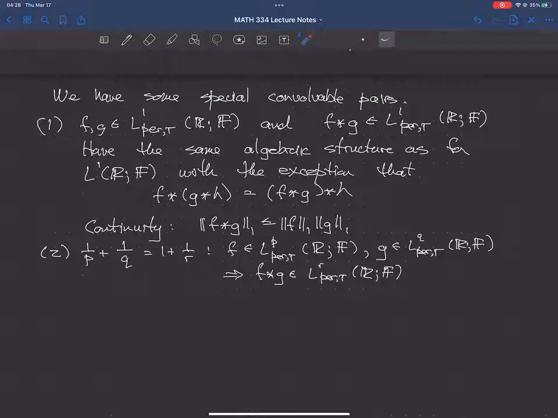That means that 1 over p plus 1 over q is equal to 1, so that cancels, and therefore it implies that r has to be equal to infinity. This is true in that case, but there's an extra thing that's also true. When q is p prime, the convolution is not just in L infinity, but in C0. That was true in the aperiodic case, and it's also true in the periodic case.